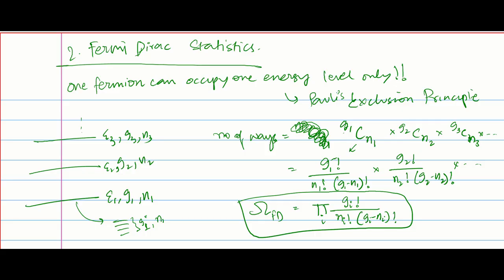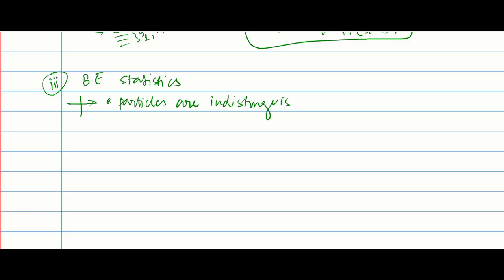Okay, now let's move to the next part, which is the Bose-Einstein statistics. What are the conditions? The particles are indistinguishable, which means if you swap two particles, both will be the same state.